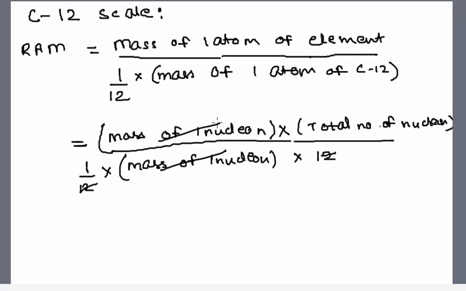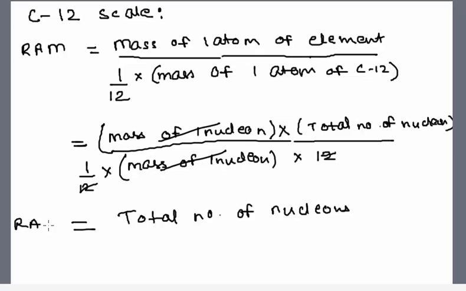This mass of one nucleon gets cancelled out, and ultimately we are left with Rm is equal to the total number of nucleons. Fine. So this is the basic meaning and the definition of Rm, and again to repeat myself, I'll be explaining to you why we had to change the scales initially from hydrogen to oxygen and then from oxygen to carbon.